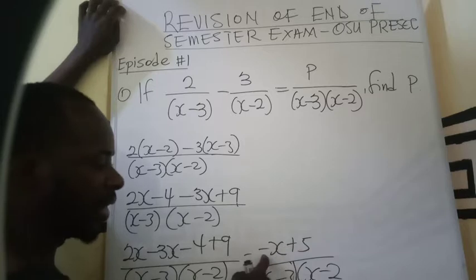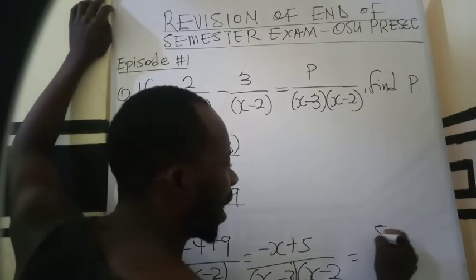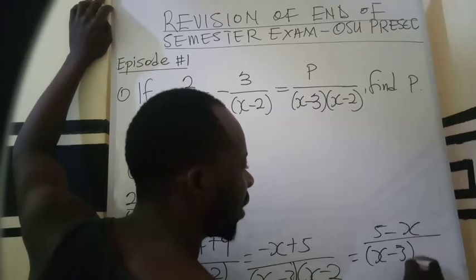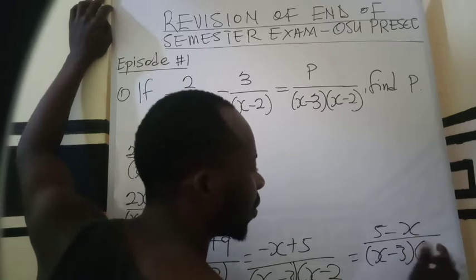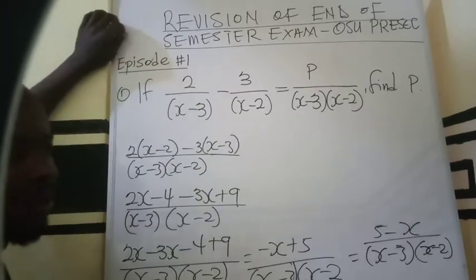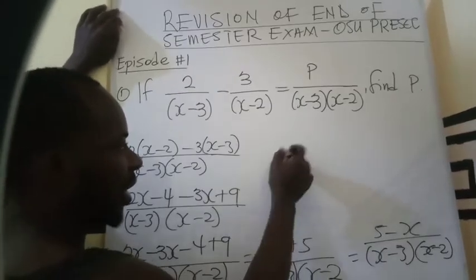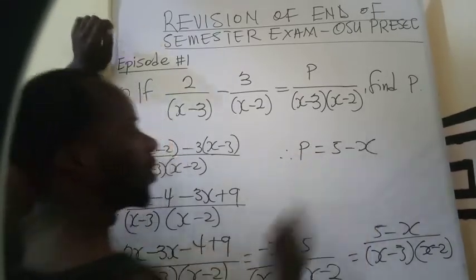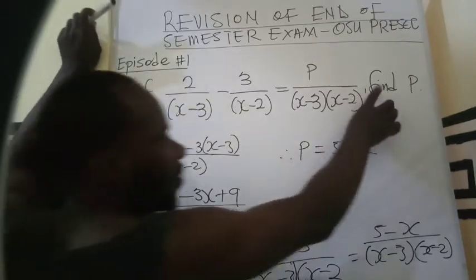We can rewrite it as 5 minus x over x minus 3, x minus 2, but we can't simplify the numerator again. So in this case, we can say that our p is actually 5 minus x. We are asked to find the value of p.